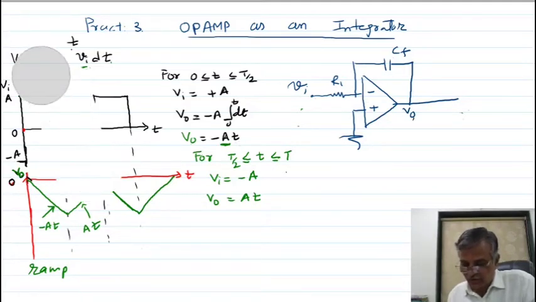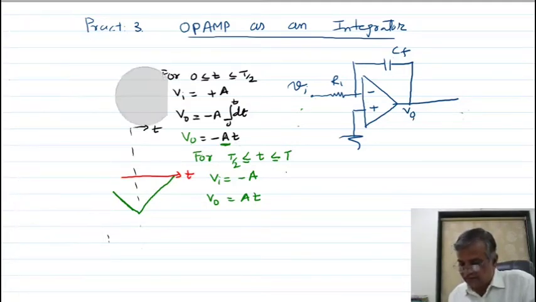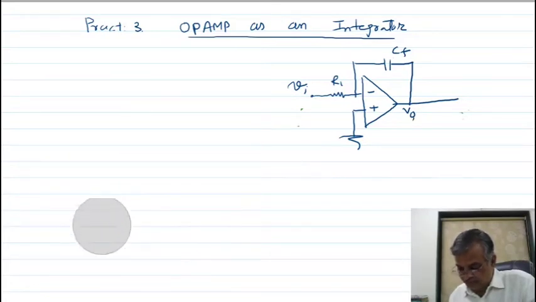When omega is 0, the reactance of the capacitor is infinite, and due to the input offset voltage, you will get infinite output, meaning a saturated output voltage.